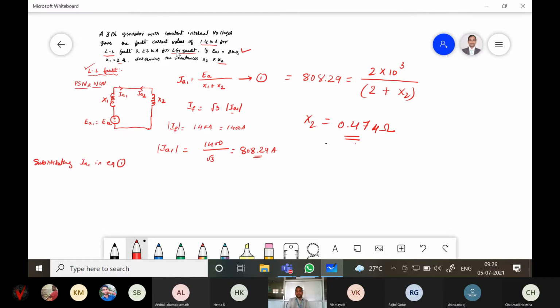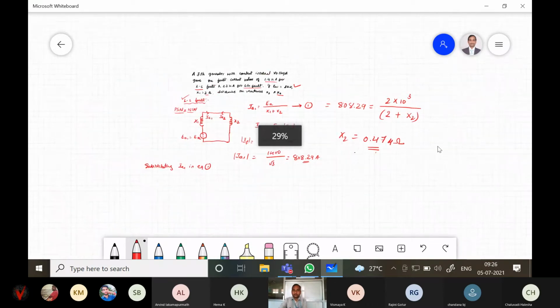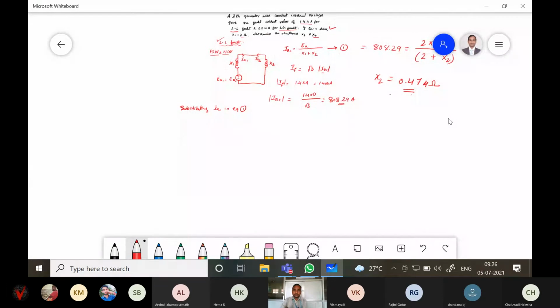In the LG fault, we will get a series circuit. By using the line to ground fault, we have the x1, x2 and x0 values in the circuit. So draw the LG fault sequence network.